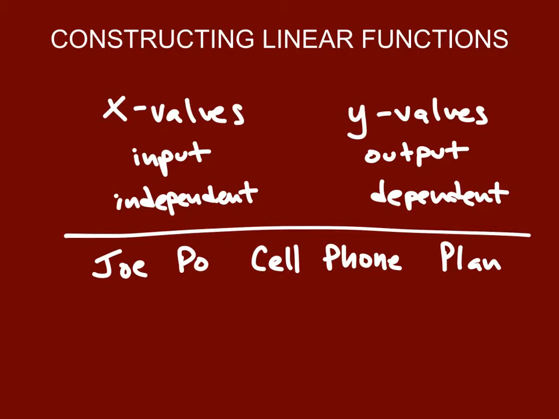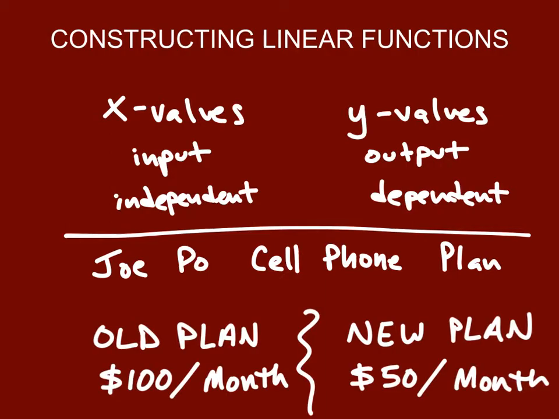In my old plan that I had for about 12 years, I was paying around $100 per month. Now I called my cell phone provider and I was able to make a deal, get more bells and whistles, and I am now paying $50 a month. I'm really excited about this.